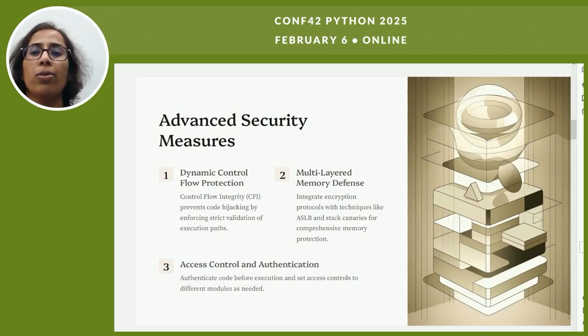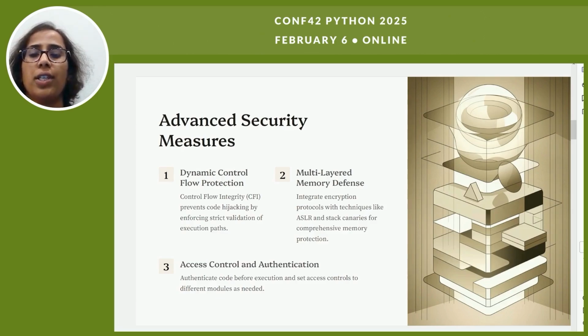To improve the robustness of embedded devices, it is important to consider other advanced security measures as well. For example, control flow integrity, encryption of the code, address space randomization, or we can insert stack canaries or authenticate any modules that are dynamically loaded.